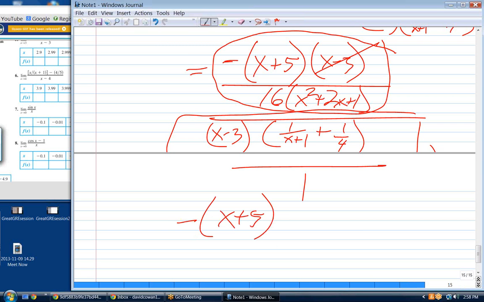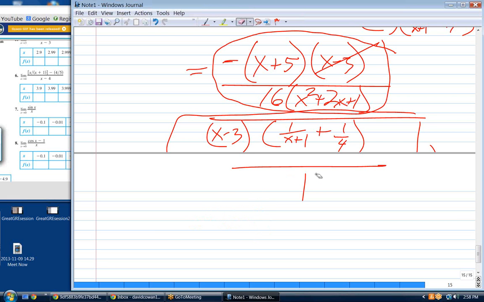Oh. Let me think for a second here. And also on the top, I guess I got to add these two fractions also. Hold on, let's go back a step here.